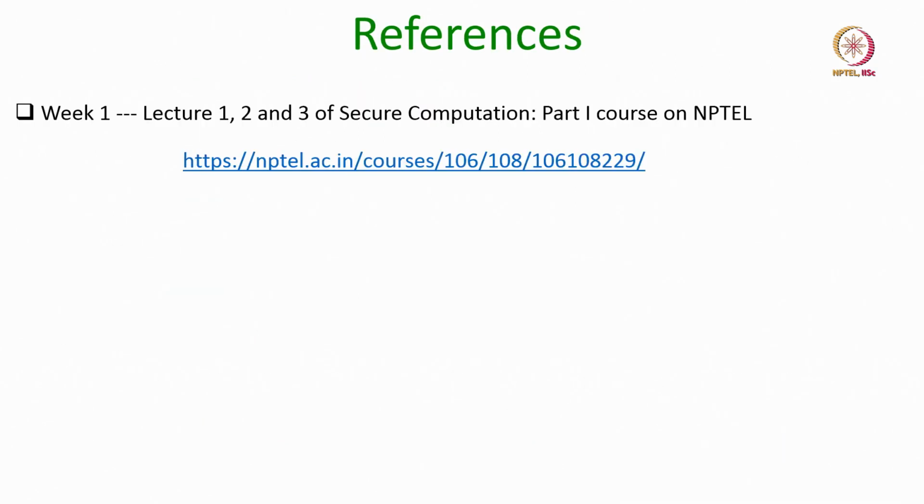So, with that I conclude this lecture. So, let me summarize what we have discussed in today's lecture. In today's lecture we have introduced the problem of secure multi-party computation. We have seen various applications, various real world problems which can be abstracted by this problem of secure multi-party computation, and we have seen various dimensions in which we can study this problem.